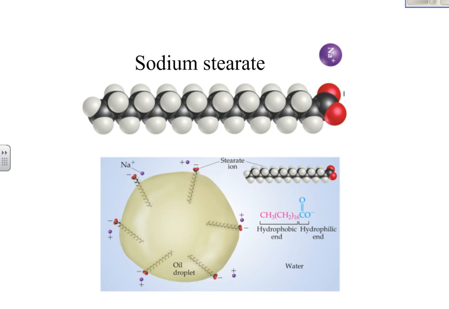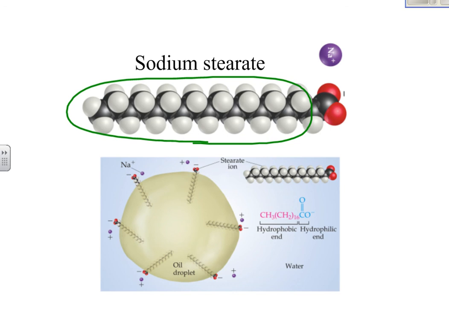Sodium stearate is found in soaps, and what the stearate ion can do is the nonpolar part of this, that whole hydrocarbon chain there, can end up dissolving into an oil droplet. So it's the nonpolar part dissolving a nonpolar part, and what it does then is it leaves these polar ends coming out of the oil droplet. That polar end then becomes more of a hydrophilic part where it's likely to dissolve in water.